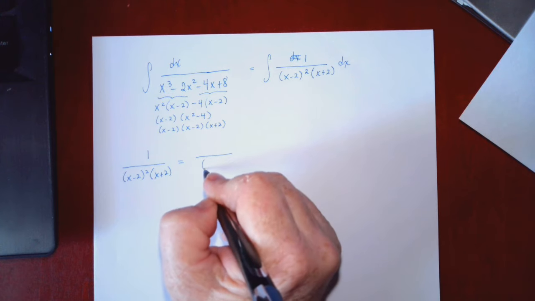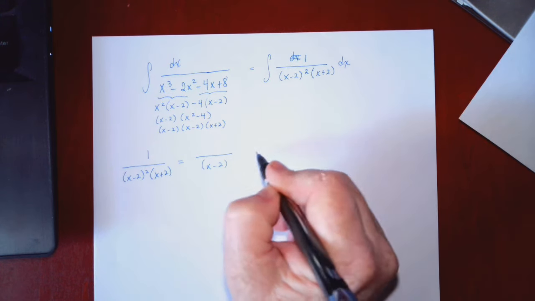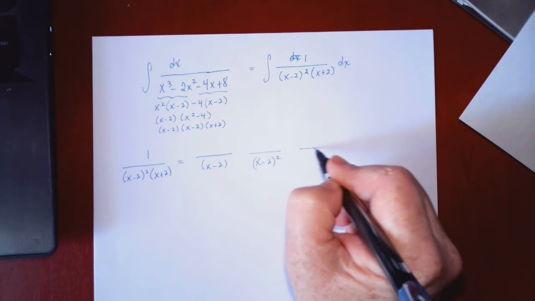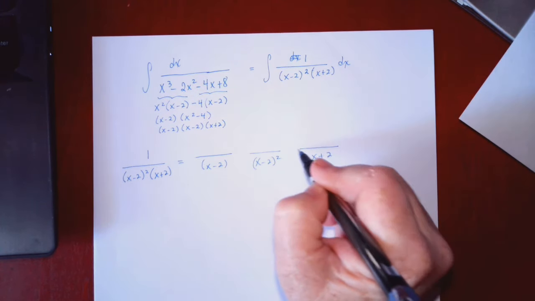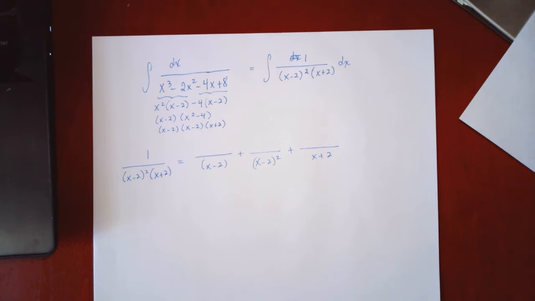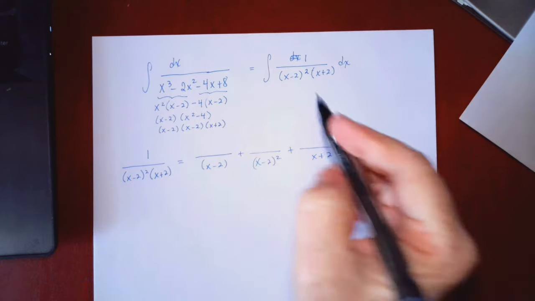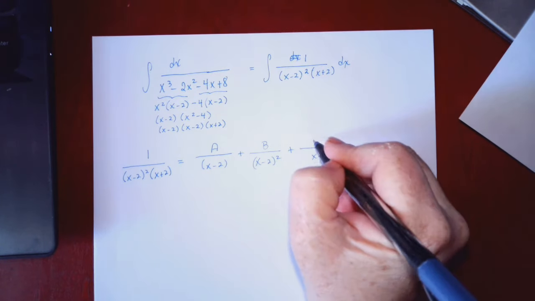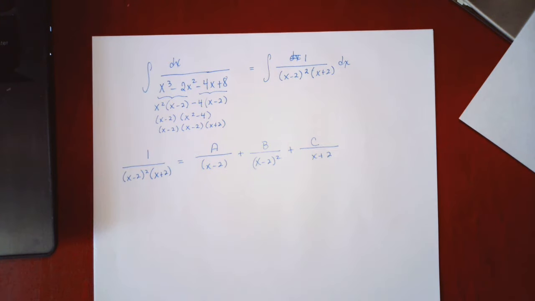I'm going to need one for x minus 2, one for x minus 2 squared, and one for x plus 2. Since all of these are linear factors, even though this one is raised to a higher power, we would just have constant numerators.